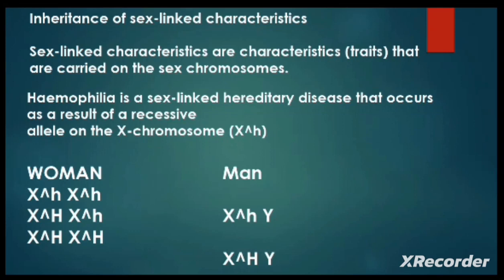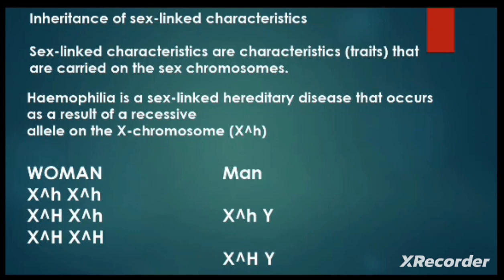So let's look on the side of women. Women have sex chromosomes XX. So if this disease is caused by a recessive allele h, a woman who is affected would have X exponent small h, X exponent small h, right? So the woman needs to have recessive alleles on both X's for her to be affected.